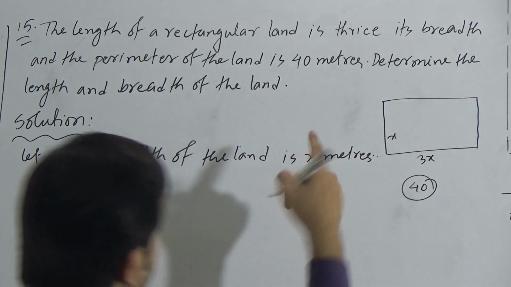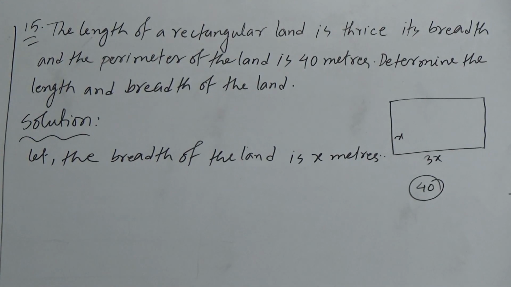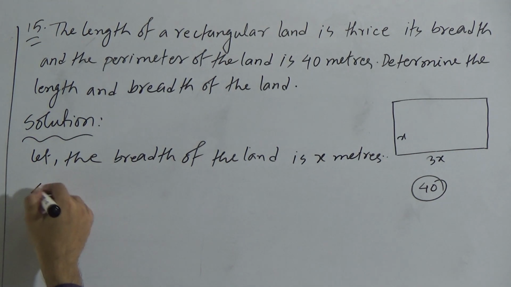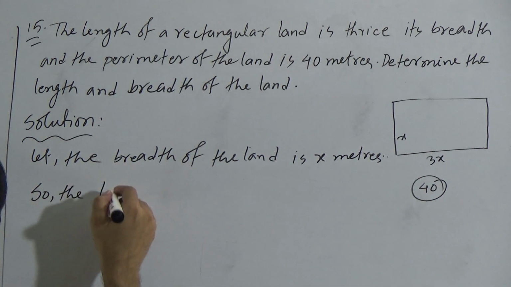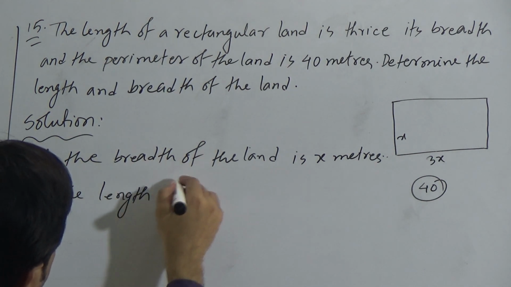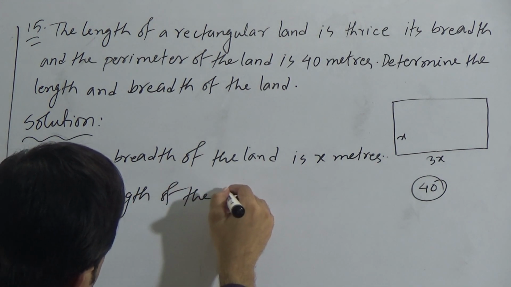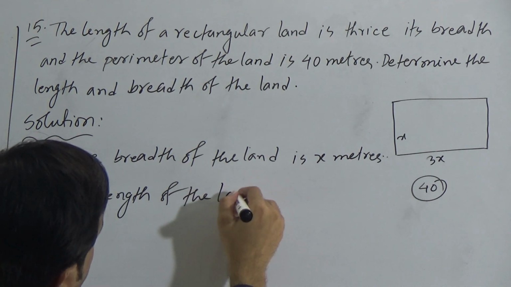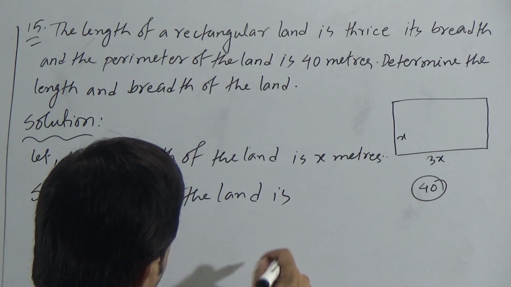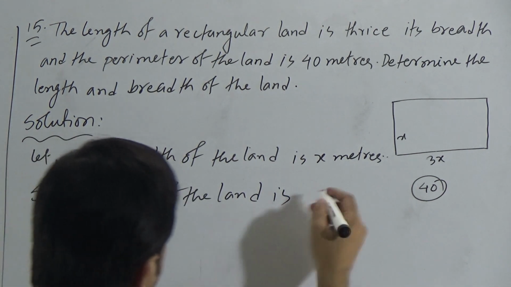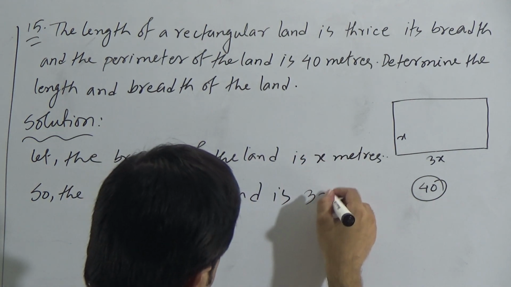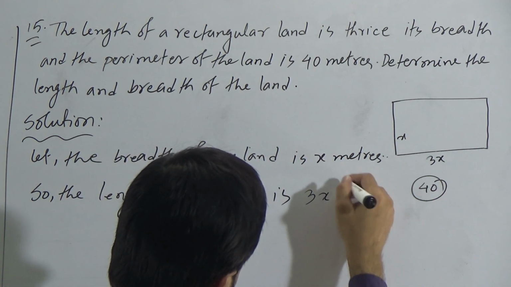As perimeter is given in meter, we can consider the unit meter, x meters. So the length of the land is thrice of its breadth, means 3 times, it means 3x.